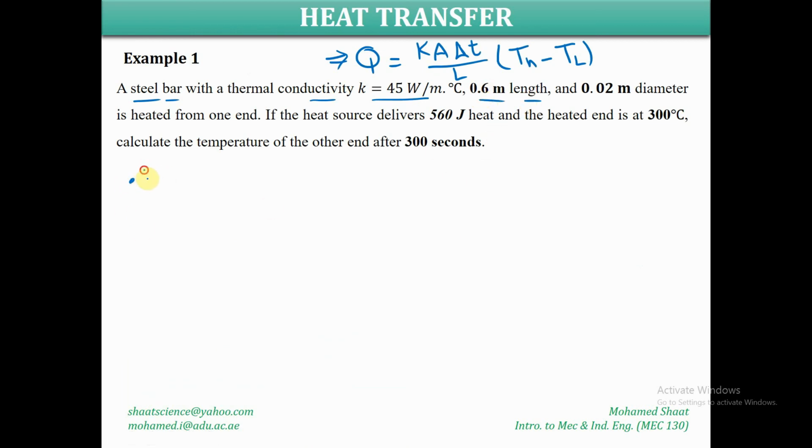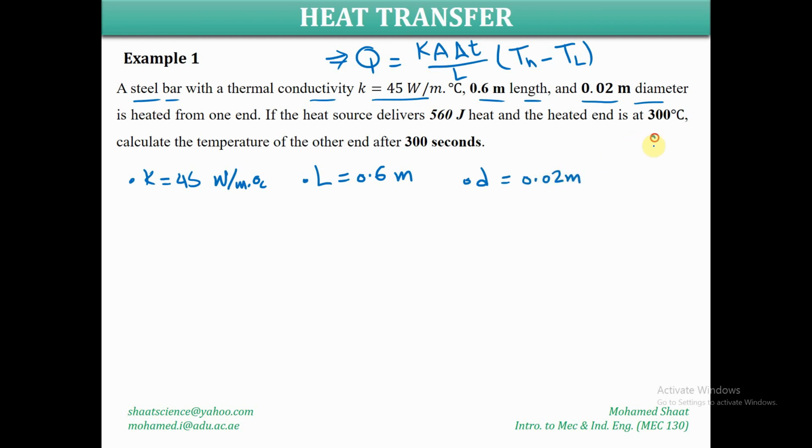The thermal conductivity, which is chi or K, is 45 watt per meter degrees Celsius, and the length is 0.6 meter. You just collect the data given here, and the diameter of this steel bar is 0.02 meter.